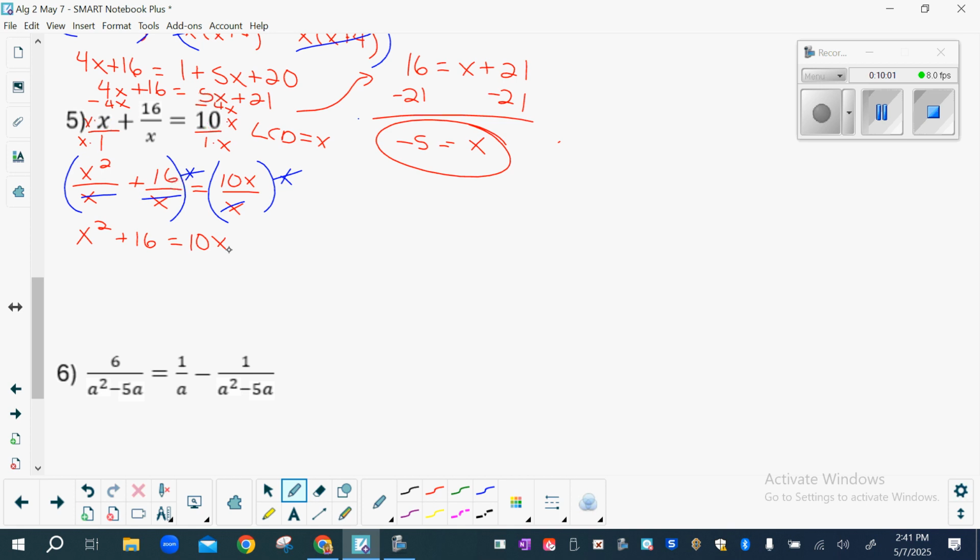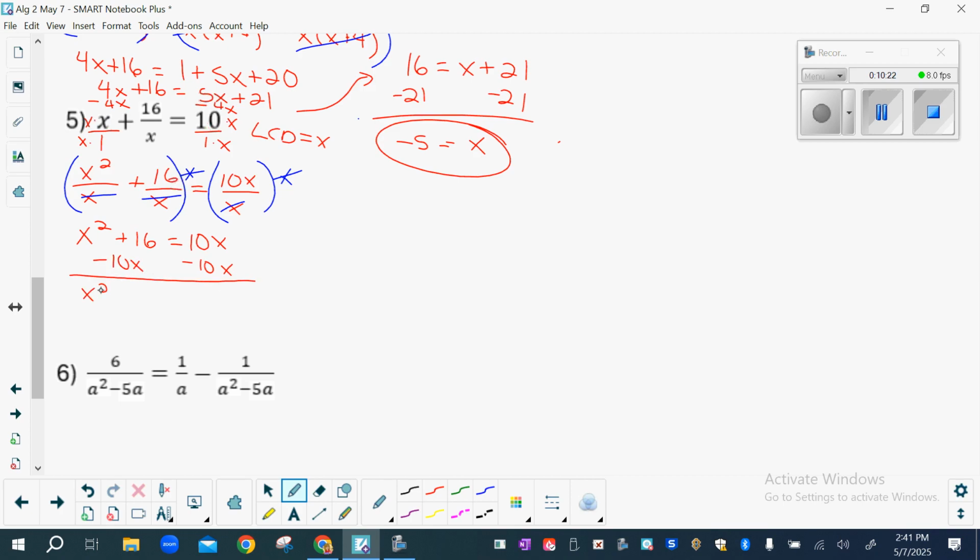So what do we do next? Set it to 0. Yes, how do you know that you need to set it equal to 0? Good job, Tristan, recognizing that. This is a square. It's an x squared and the 10x. So we've got to get them both on the same side so that we can factor. So subtract 10x.